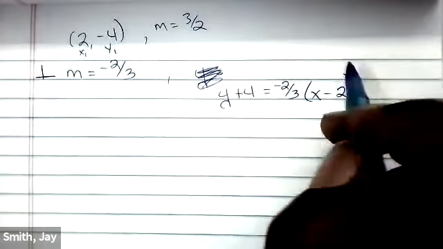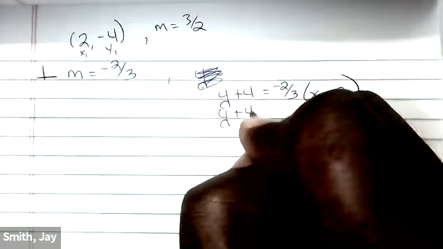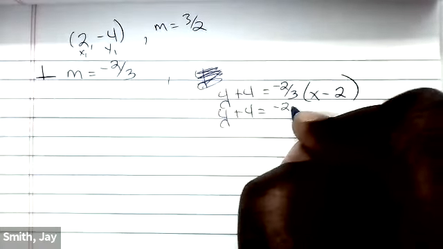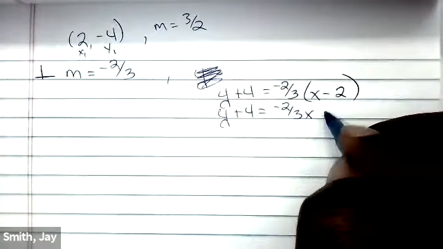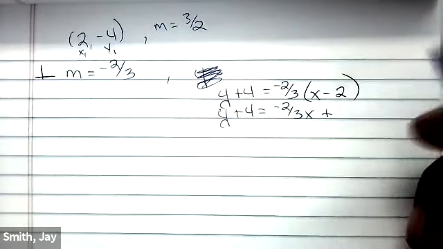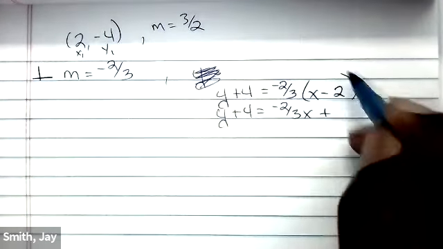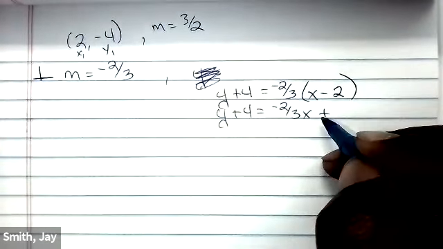All right, so first thing we're going to do, distribute a -2/3. That's going to give me y plus 4 is equal to -2/3 x. Negative times negative gives me a positive. -2/3 times -2 would give me a positive 4/3.